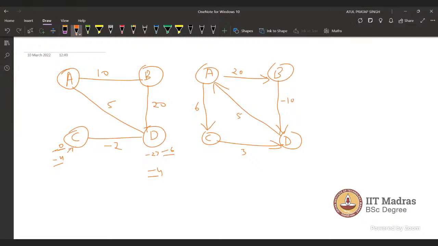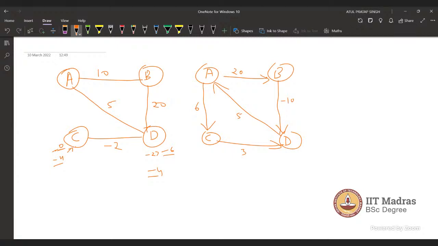Can you tell me whether this graph has a negative weight cycle or not? Can anyone tell me? Yes, Braj. I think there isn't any negative weight cycle.